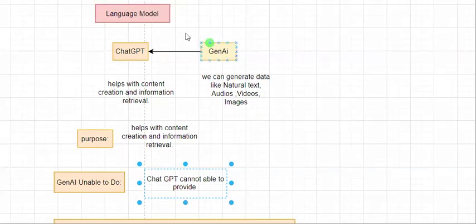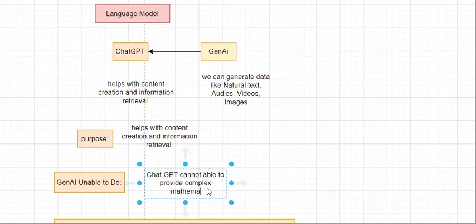That is, ChatGPT cannot provide complex mathematical computation. Similar to that, every generative AI model cannot provide complex mathematical computation.